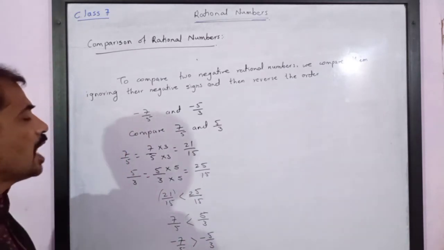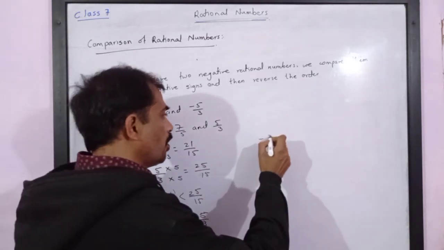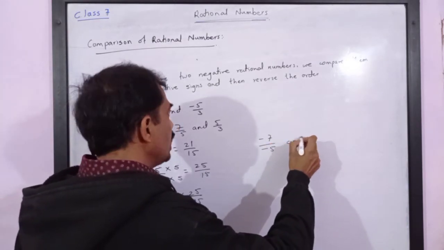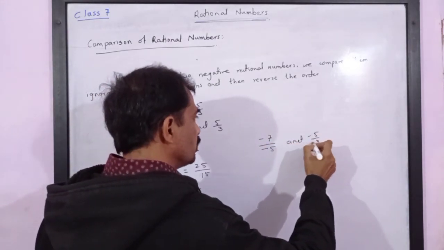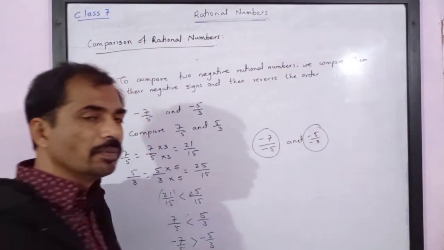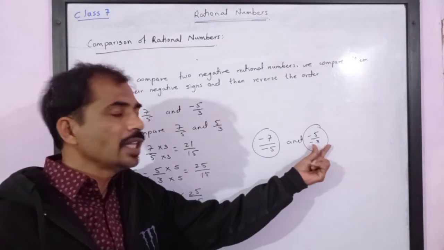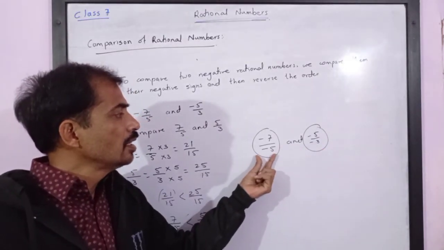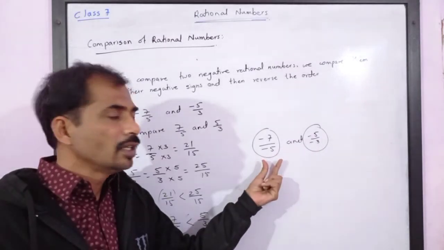If there exists another fraction, something like negative 7 upon negative 5 and negative 5 upon negative 3, then if the fractions are not written in standard form, we have to first convert them into standard form and then compare those rational numbers.